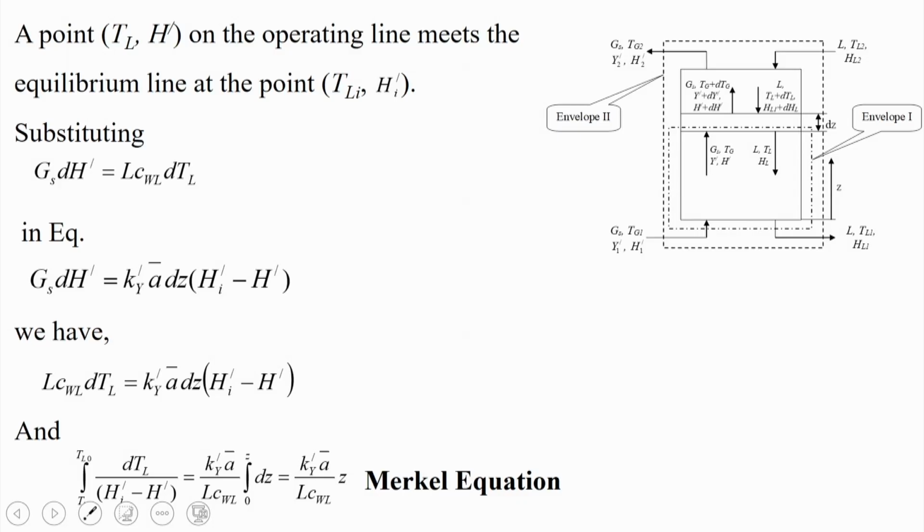So, substituting G_s dh' is equal to L C_WL dT_L into the equation G_s dh' is equal to k_y' a bar dz into (h_I' minus h'), we get L C_WL dT_L is equal to k_y' a bar dz into (h_I' minus h'). We get the integral of dT_L by (h_I' minus h') from T_L1 to T_L0 is equal to k_y' a bar by L C_WL times the integral of dz from 0 to z.